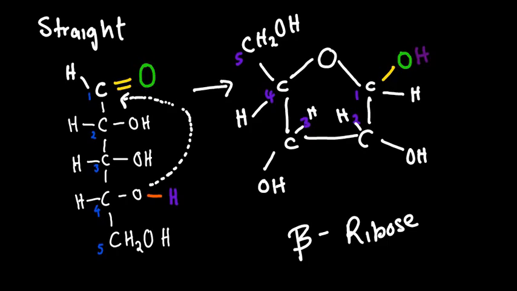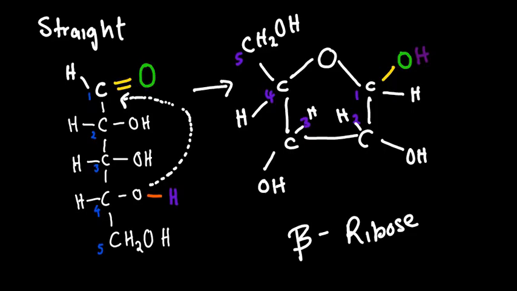After we connect these two, the oxygen that was on the first carbon forms a hydroxyl group with the hydrogen that was on the fourth carbon. Now you see the maintenance of the colors on the ring diagram. Whenever the hydroxyl on the first carbon is above, we call that a beta ribose structure.